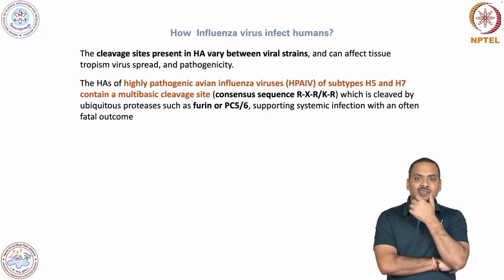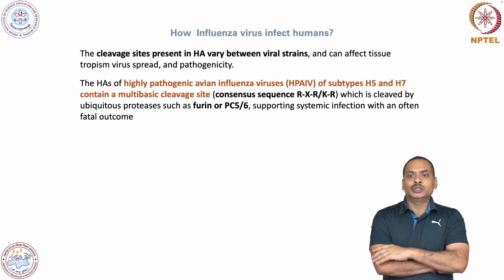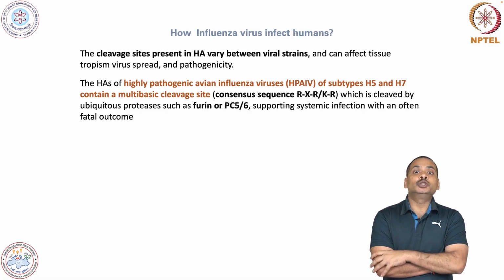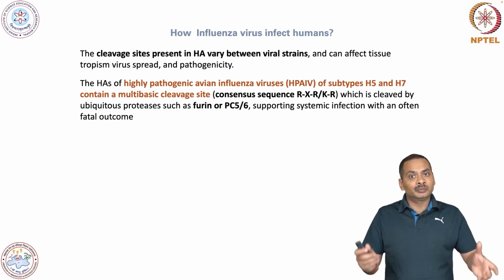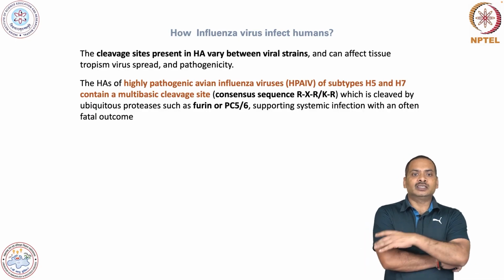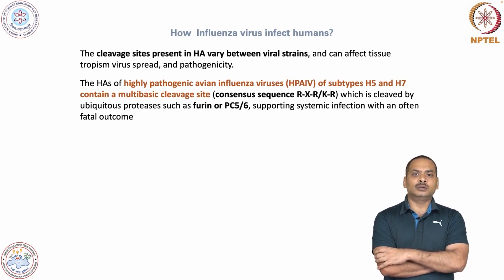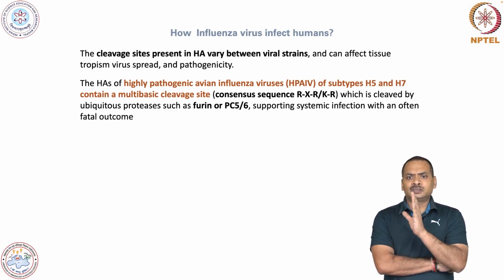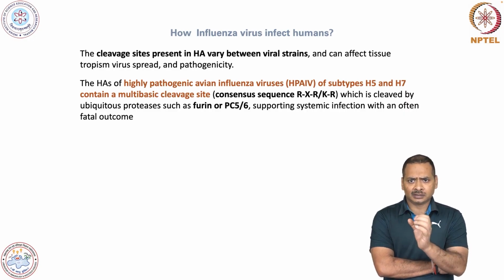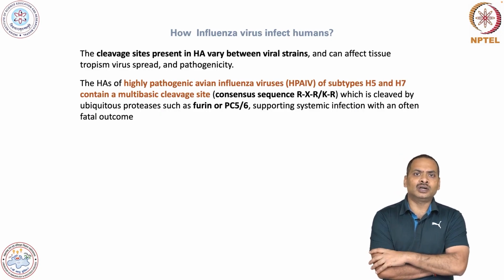The consensus sequence here you can see is R-X-R/K-R, which is cleaved by ubiquitous proteases present in body fluid, like furin and PC5/6, supporting systemic infection with an often fatal outcome.